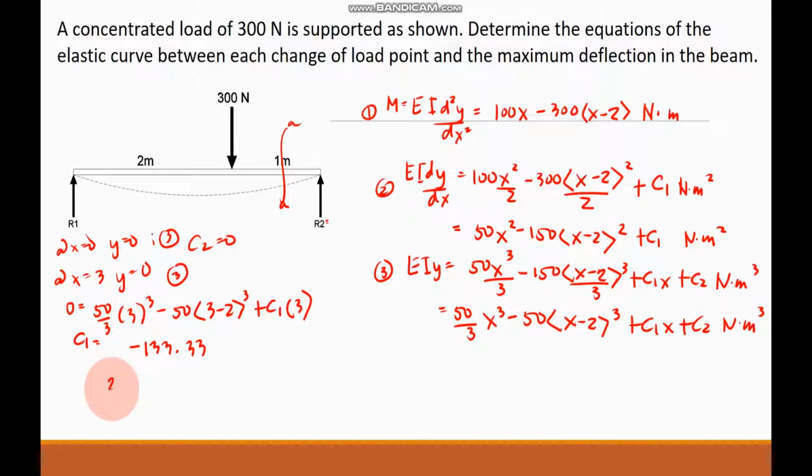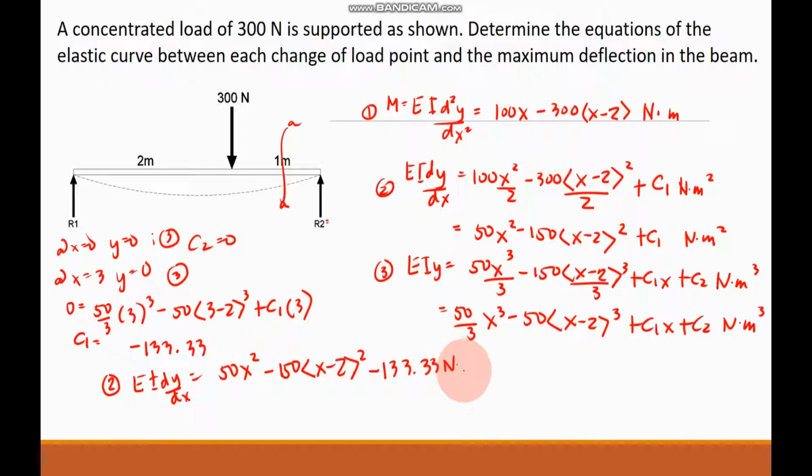So, for equation 2, we have dy over dx of 50 x squared minus 150 (x minus 2) squared minus 133.33 Newton meter squared. So this is our equation for the slope.